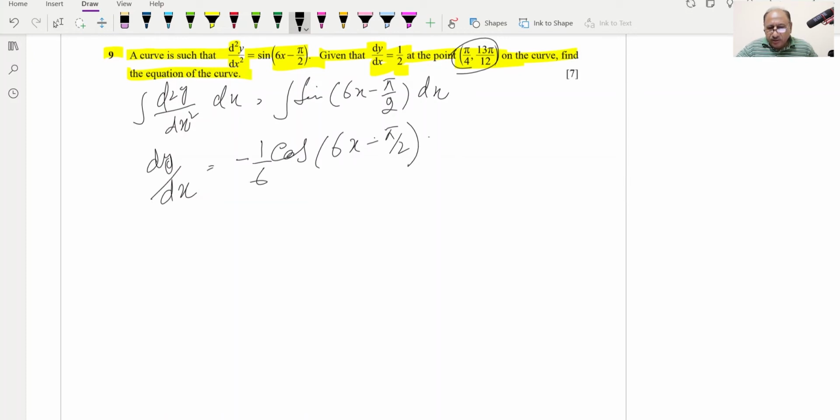Hopefully you are understanding, and don't forget to write the integral constant because it's an indefinite integral.